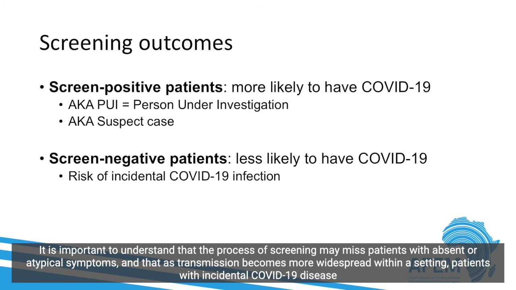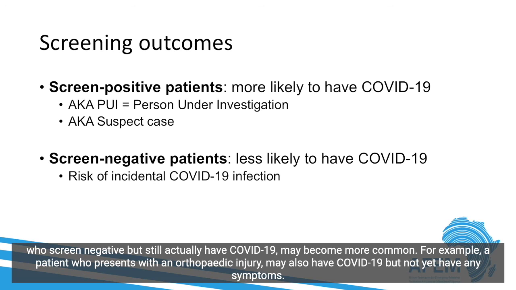It is important to understand that the process of screening may miss patients with absent or atypical symptoms, and that as transmission becomes more widespread within a setting, patients with incidental COVID-19 disease who screen negative but still actually have COVID-19 may become more common.